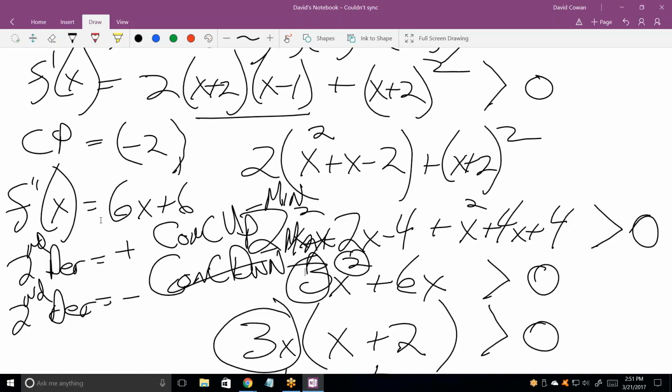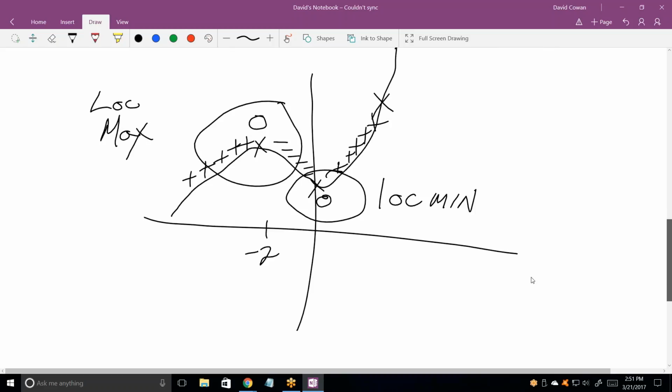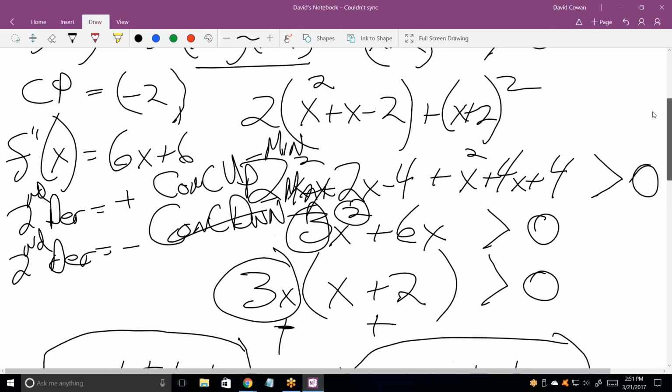So it will definitely be negative. It's negative, which means the second derivative is negative, which means it's concave down, as we can see from our chart. You know about concavity? Yeah. Okay. Concave down always means a local maximum. Concave up always means a local minimum. So I don't need the first derivative test here.